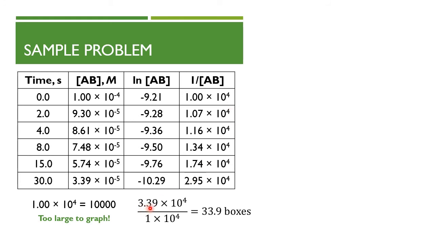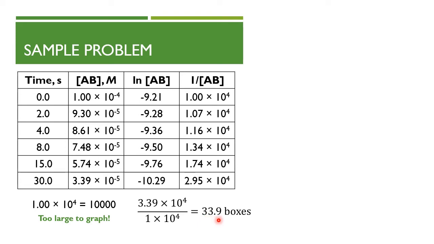This should not be 3.39. This should be 2.95 times 10 to the power of 4 divided by the power of 10 of the smaller values, which is 10 to the power of 4. Now, using the calculator, we should get 3.39 boxes.